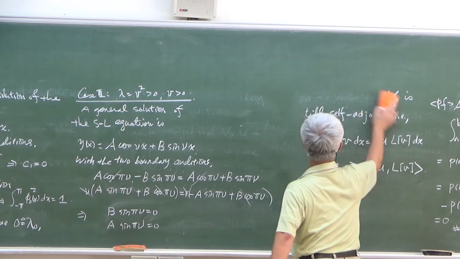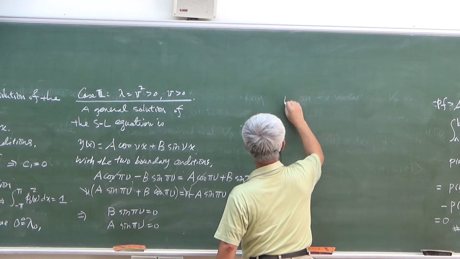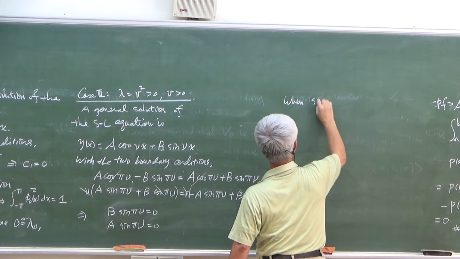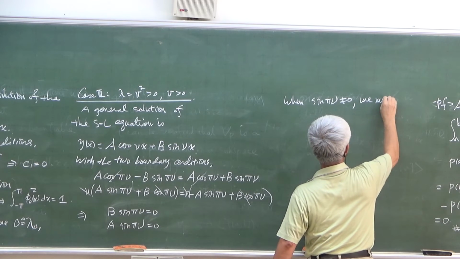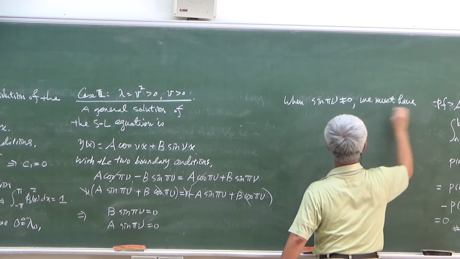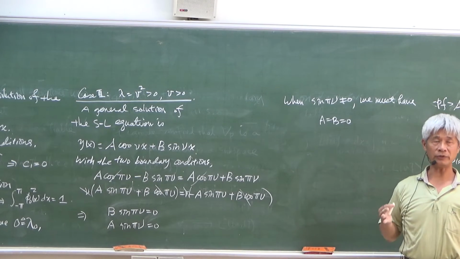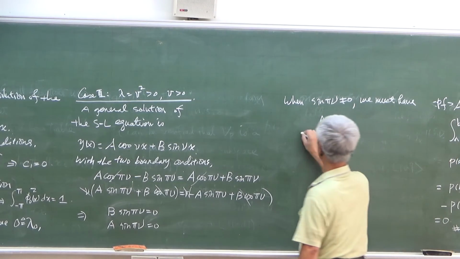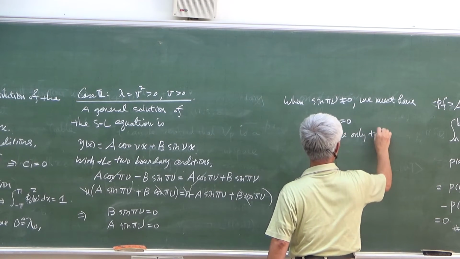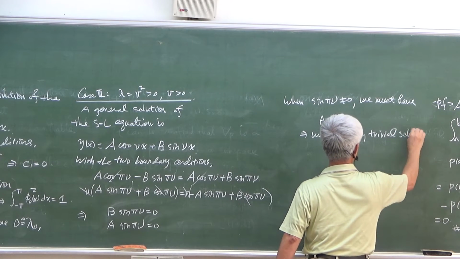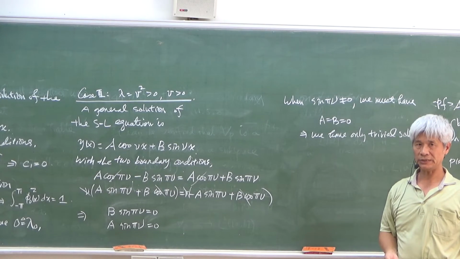Now, when sine πμ is not equal to 0, we must have A equal to B equal to 0, so we have only the trivial solution. So it's useless.